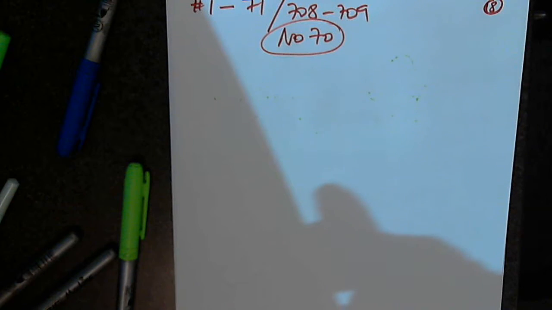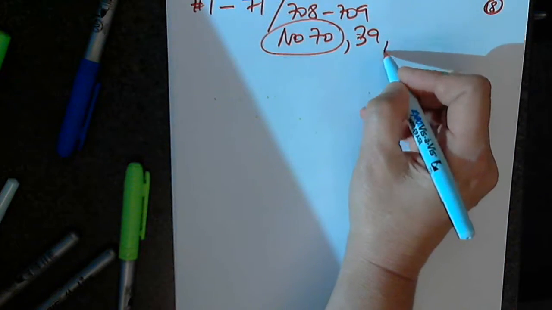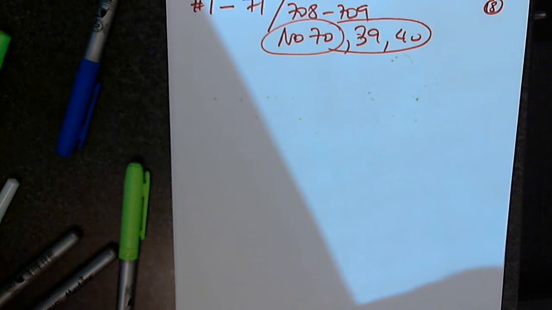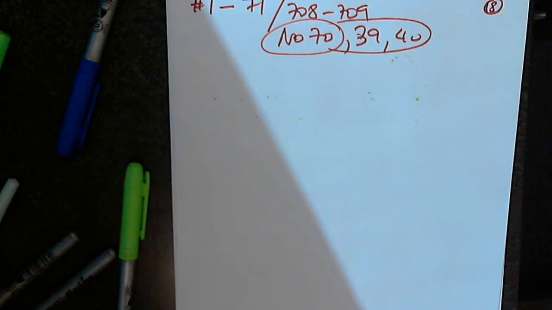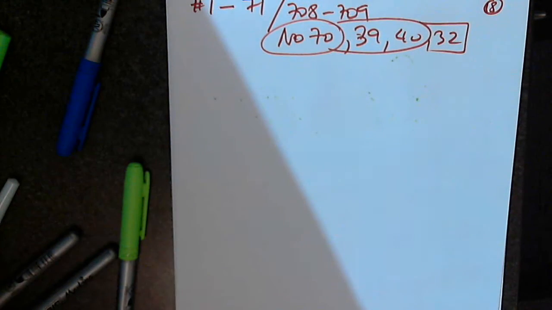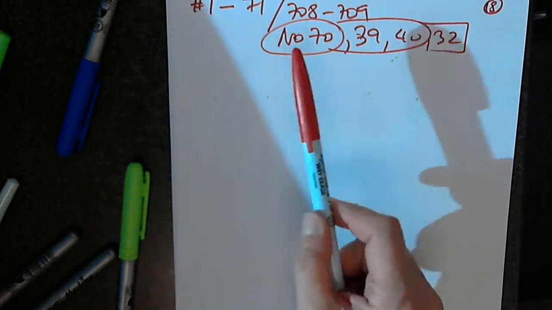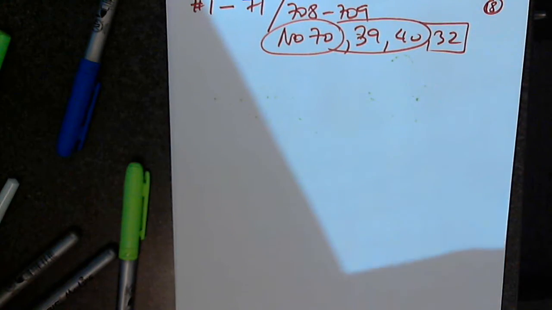We cannot do that just yet. And also, forgive me, 39 and 40. We have not discussed this yet. So these 4 problems you cannot do: 32, 39, 40, and 70. You cannot do those yet.